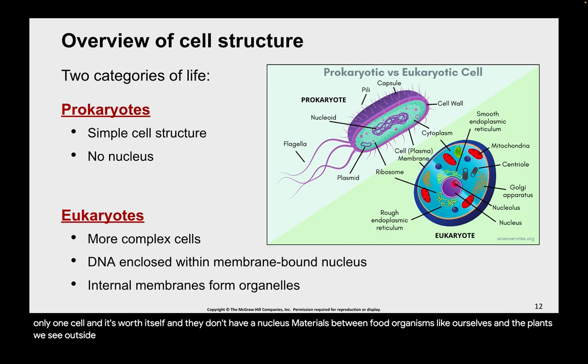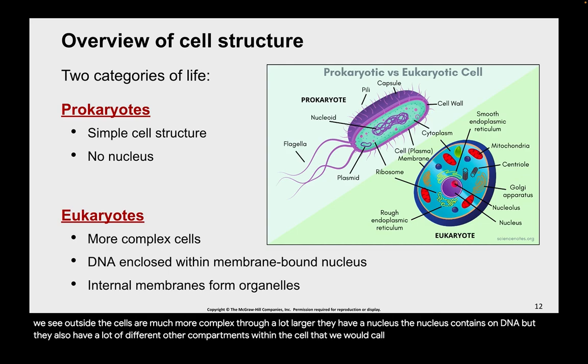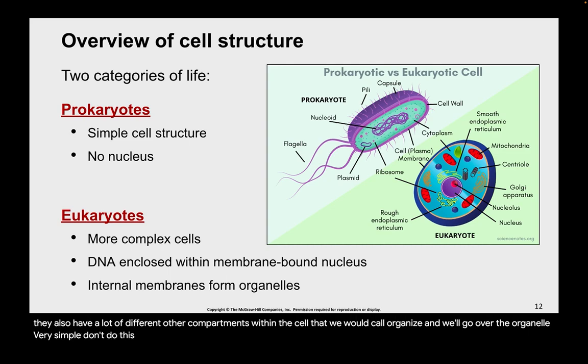These cells are much more complex. They're a lot larger. They have a nucleus. The nucleus contains our DNA. But they also have a lot of different other compartments within the cell that we would call organelles. And we'll go over the organelles in a bit. Prokaryotes, fairly simple, no nucleus. Eukaryotes, more complex, has a nucleus.